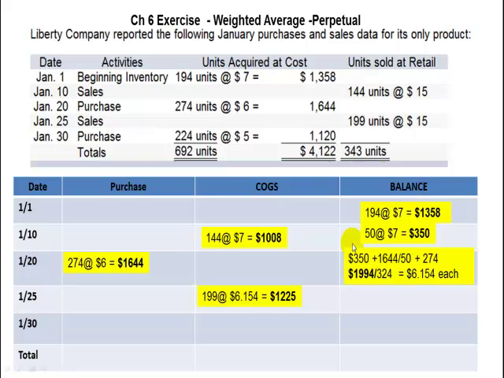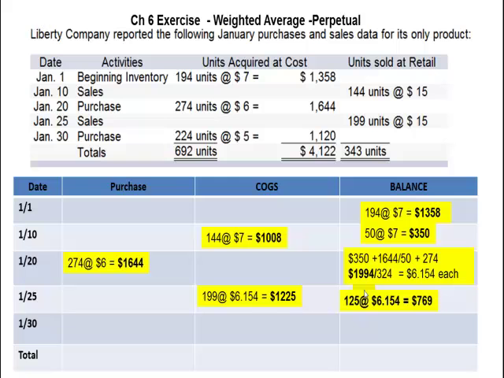So we're going to sell 199 of these 324 units, and the cost will be $6.15 a piece, or $1,225 would be the total cost of goods sold on those 199 units. And now we'll come up with a balance here.